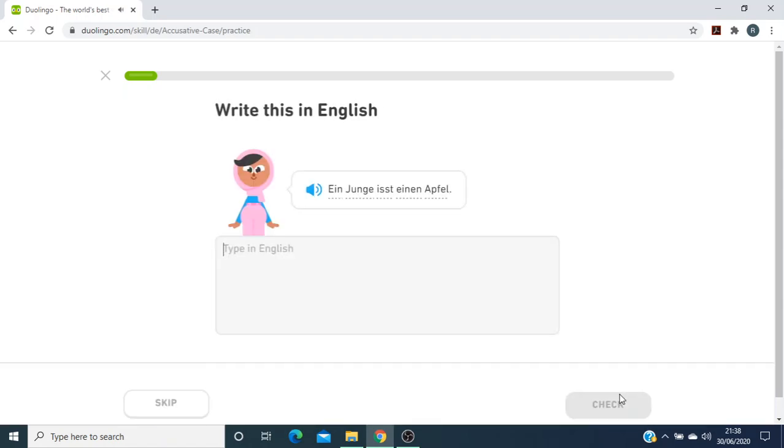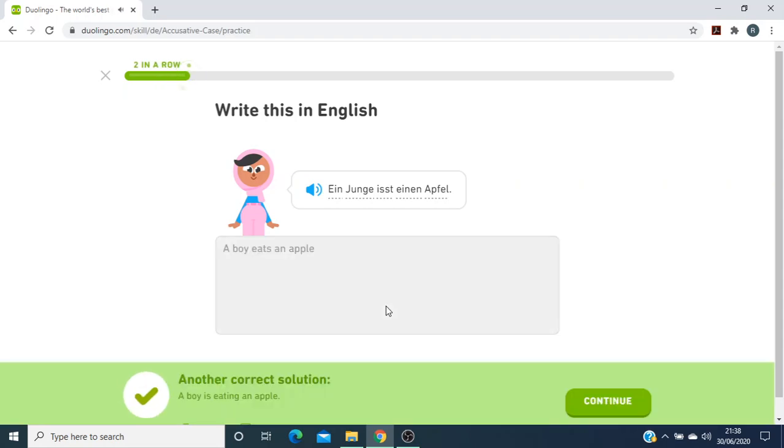Ein Junge isst einen Apfel. There we go. So, a boy eats an apple. There's just an example of when you'd be able to tell the difference between isst, meaning he eats, and ist, meaning he is, because the Apfel is in the accusative.